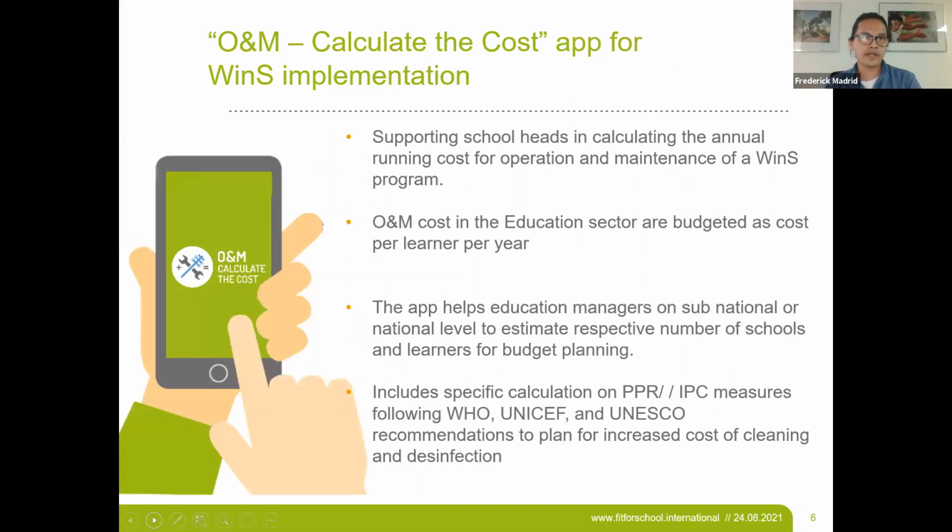So it's in here where the operation or O&M calculate the cost app comes into the picture. The app was mainly developed to support school heads in calculating the annual running cost for operation and maintenance of WASH in schools implementation. The app shows its calculation in an annual cost per school and also per learner, as the O&M cost in the education sector is also calculated based on number of learners or enrollees.